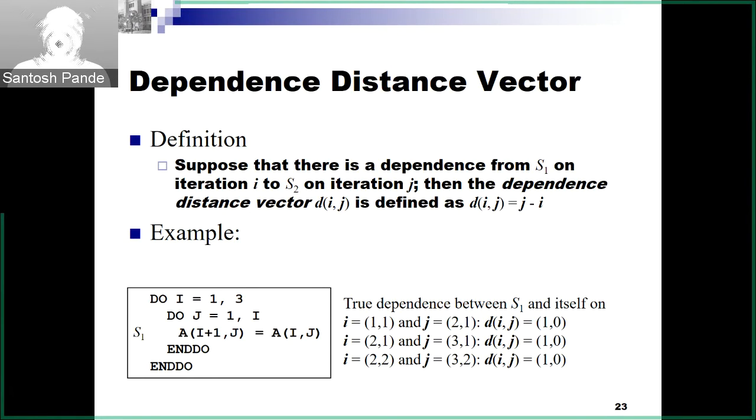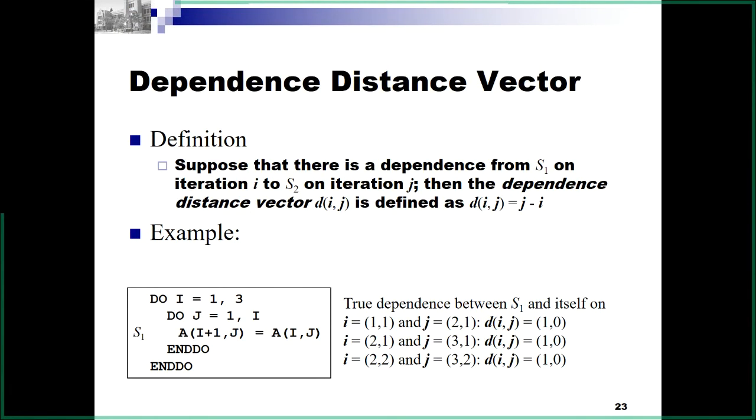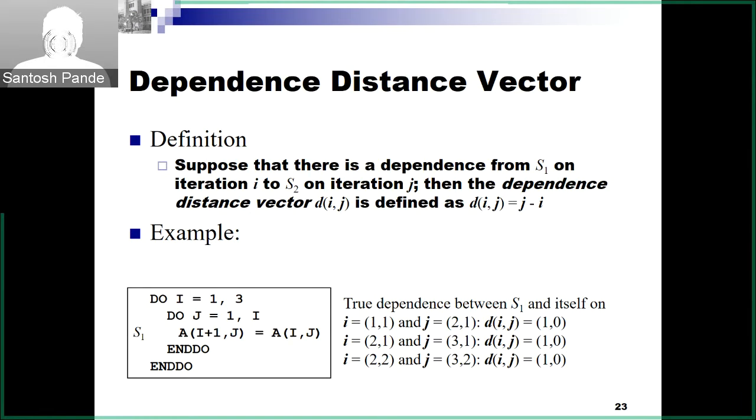So one other definition which follows from what we looked at earlier is what we call a dependence distance. We looked at a dependence direction vector, which is the relationship between the respective dimensions of the vector space.